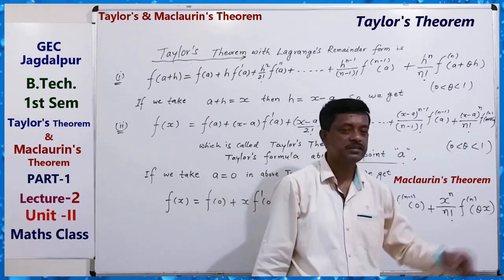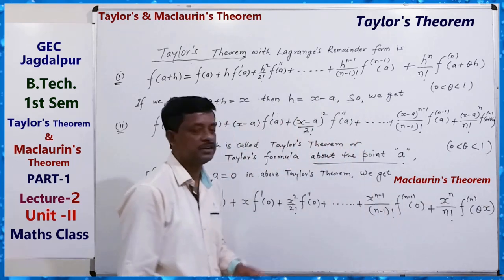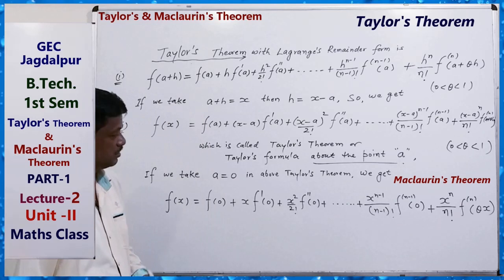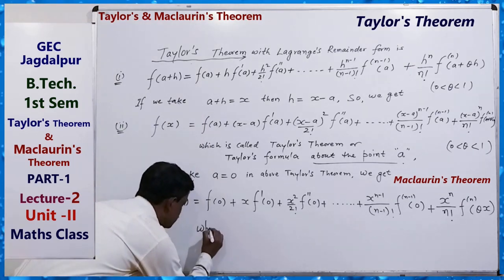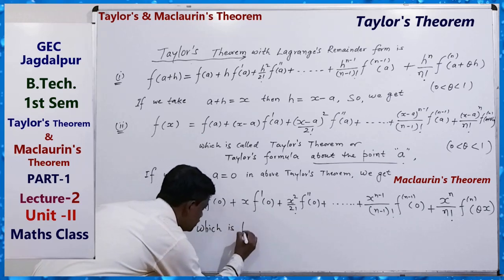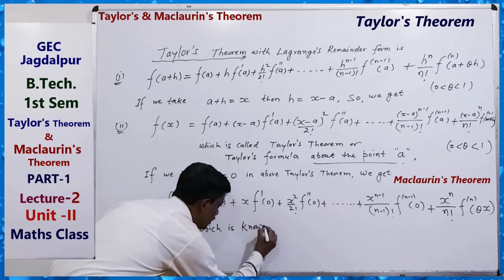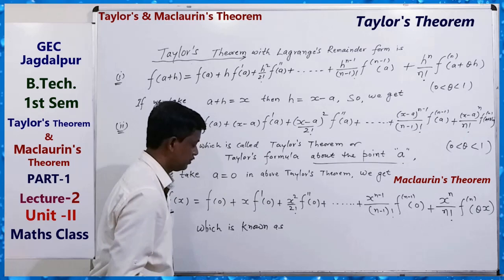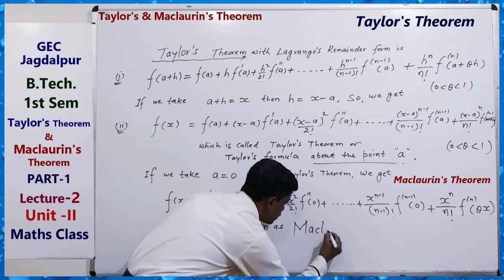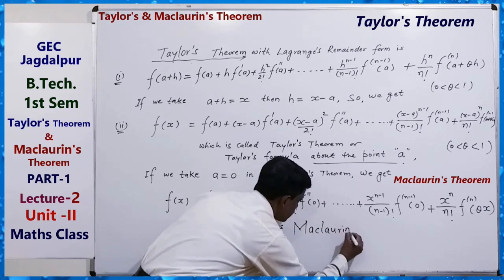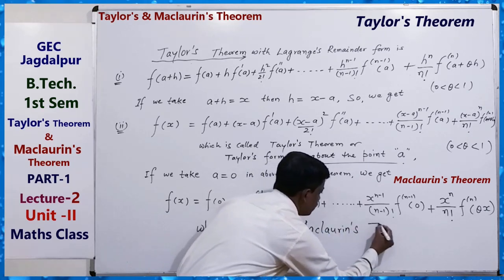So a plus theta x means 0 plus theta x. This is known as Maclaurin's theorem.